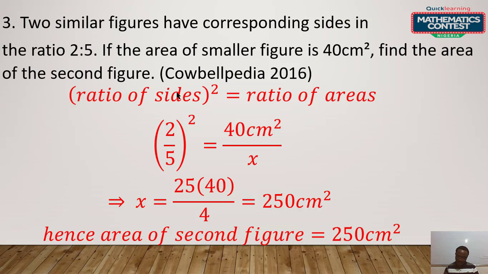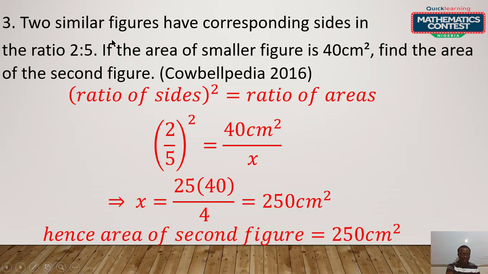Now you will observe that if we square the ratio of the sides, the 1/2 all squared, it will be equivalent to 1/4, which is actually the ratio of the areas. So that was how we got this relationship, that the ratio of sides all squared is equal to the ratio of areas.